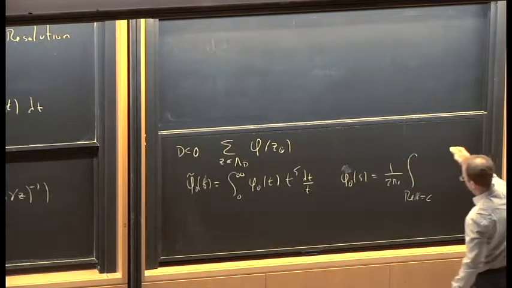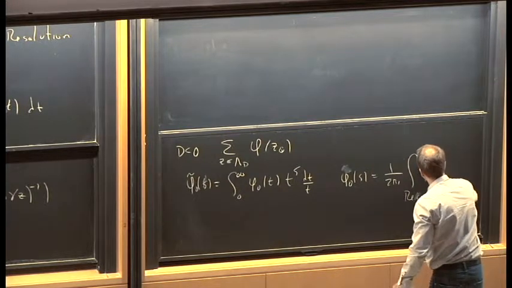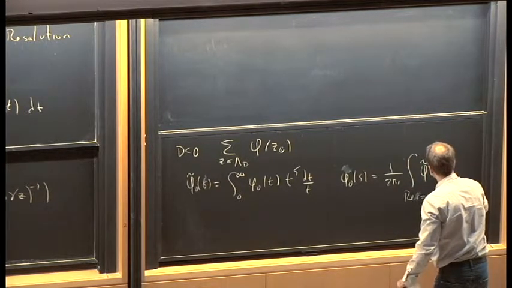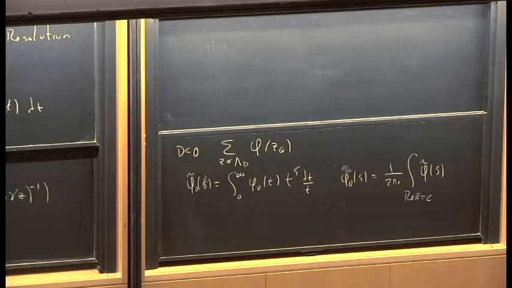Choose some constant big, if you like, and then you have the inverse Mellin transform. Now, this inverse Mellin transform is very rapidly decaying on vertical lines. So this integral is going to be nicely behaved.